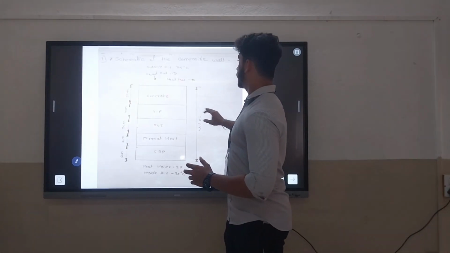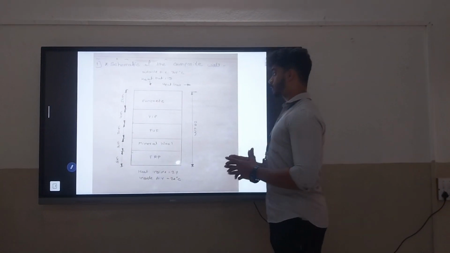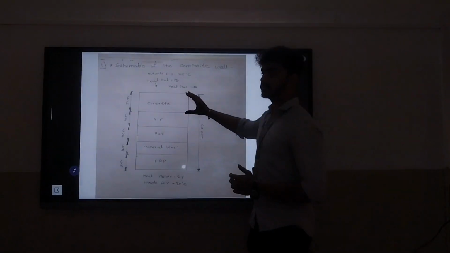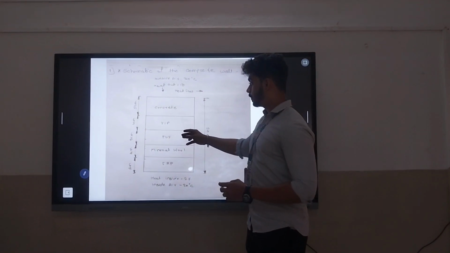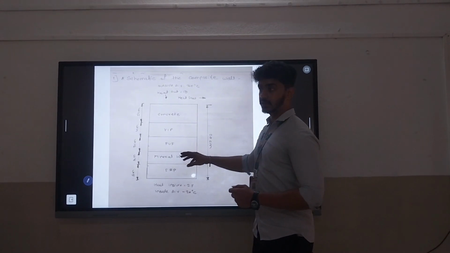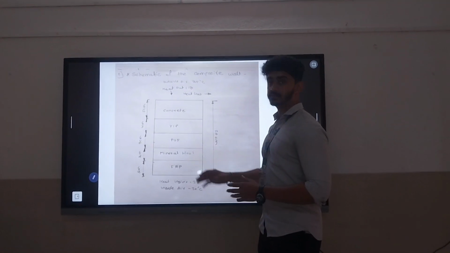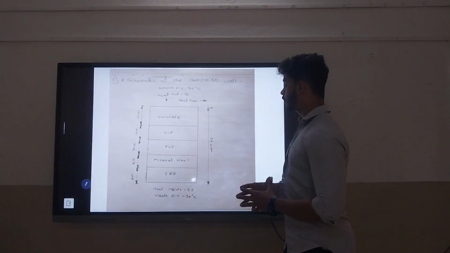So here is the schematic diagram. As you can see, the first layer is concrete that is 5 centimeter. Second one is VIP and is 4 centimeter. Then PUF is 3 centimeter, and the FRP is 5 centimeter. So the total becomes 20 centimeter.